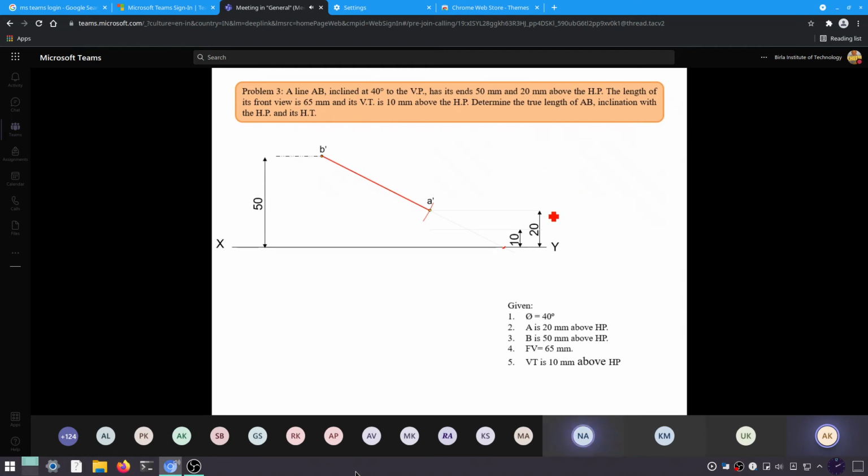Small h, sir, small h. Yes, small h. And on the same line, what will we get? Capital V, right? So capital V information is already given to you, that it is 10 mm above HP. So this is capital V.